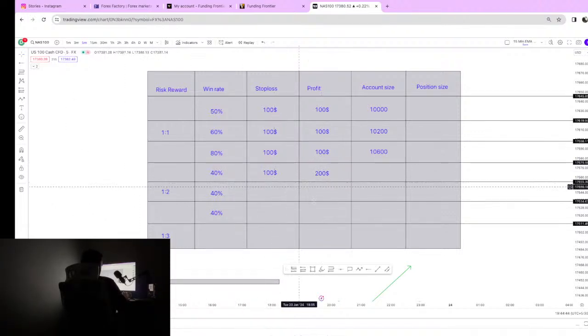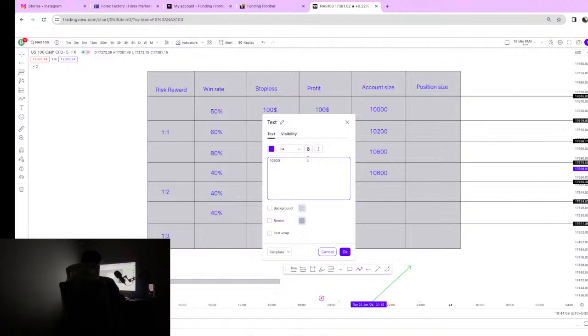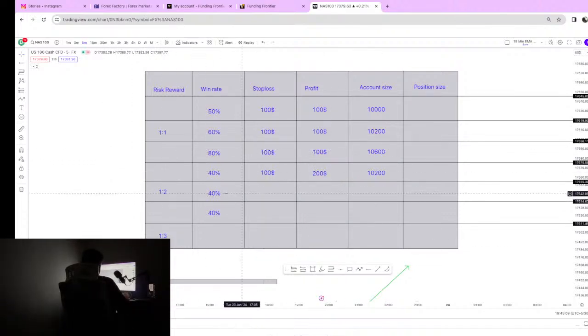Right. And for 40% win rate, tell me what will be the account size. I am giving you 30 seconds. Tell fast. Right, 10,200. Absolutely correct.